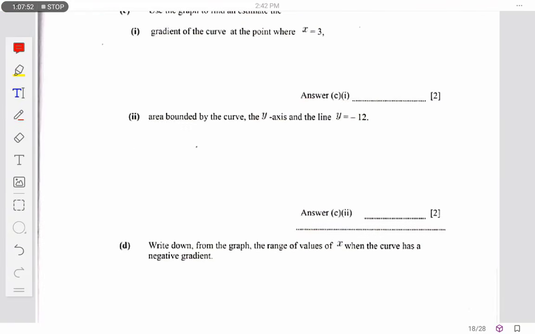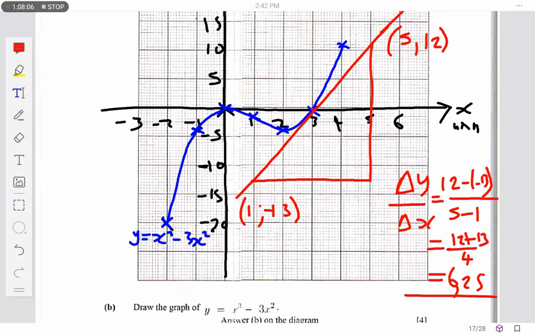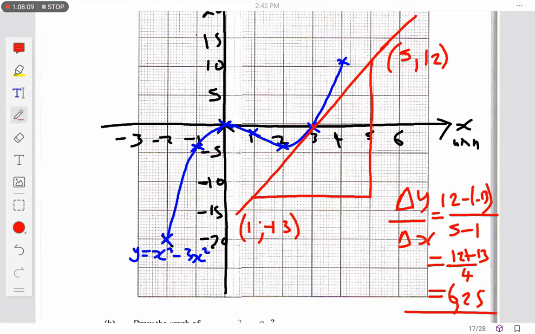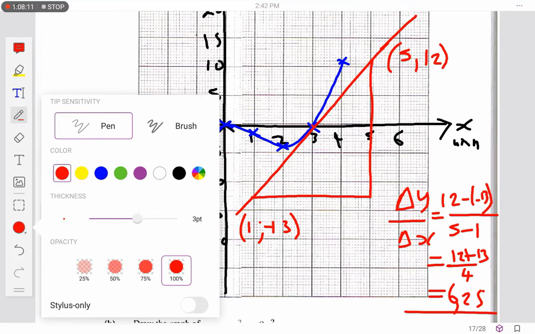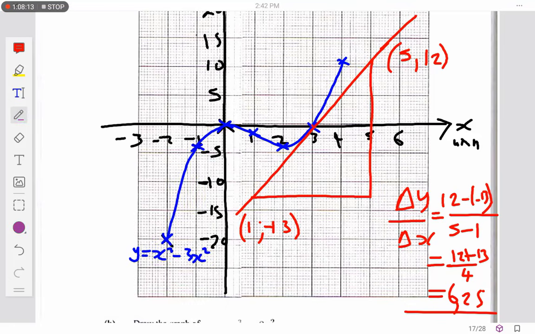Area bounded by the curve, the y-axis and the line y is equal to minus 12. Let's go and see this point there. Let me just use a different color here. So our y-axis is this one, and y is equal to minus 12.